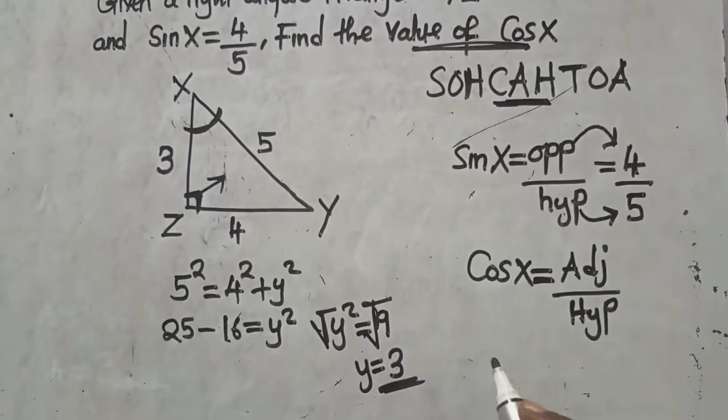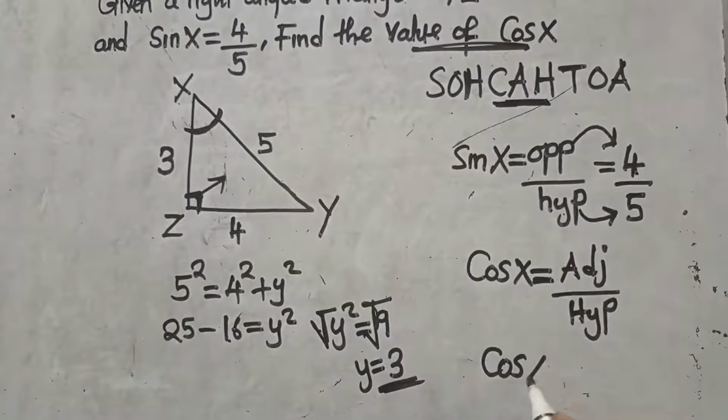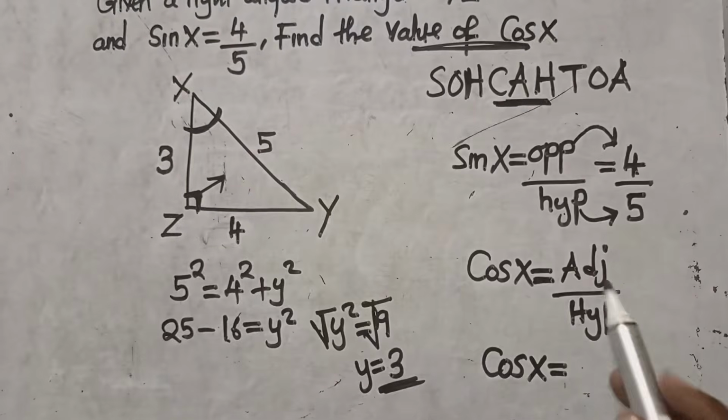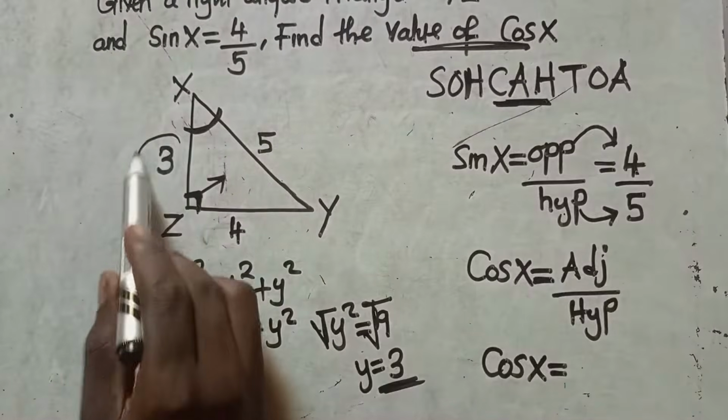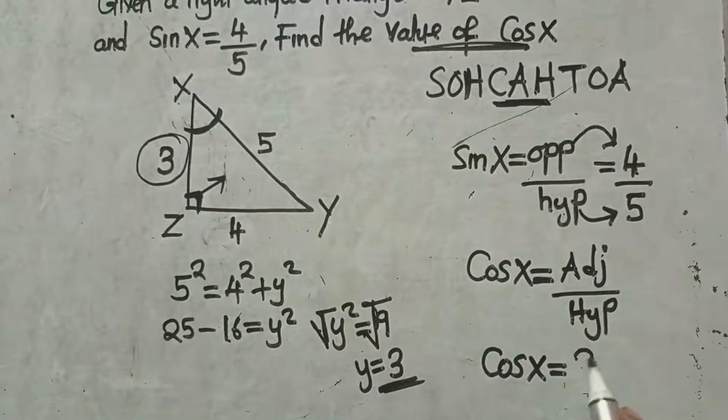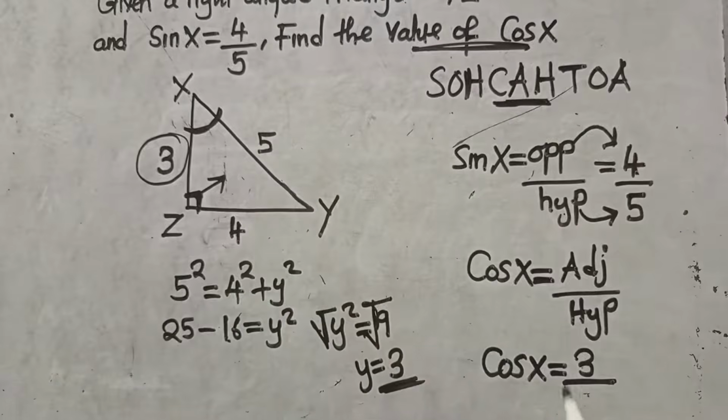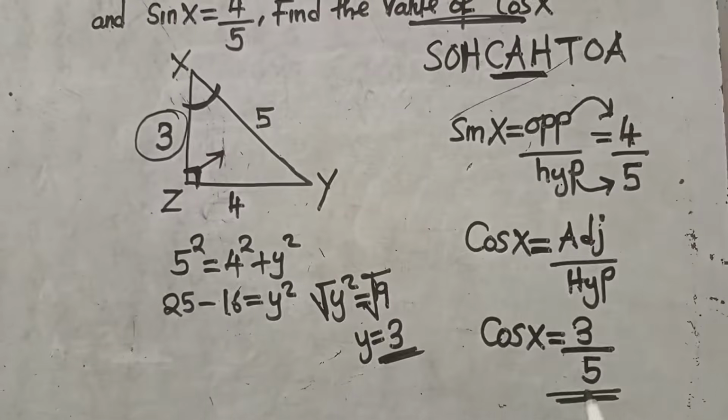Where is the adjacent? Adjacent is this one that is there, which is a 3, over the hypotenuse, which is a 5. So cos x is 3 over 5, meaning that we've answered the question. This is the answer, and that is how you are supposed to answer this one.